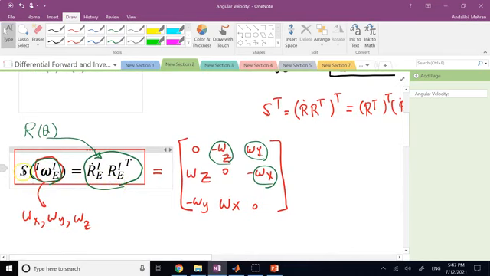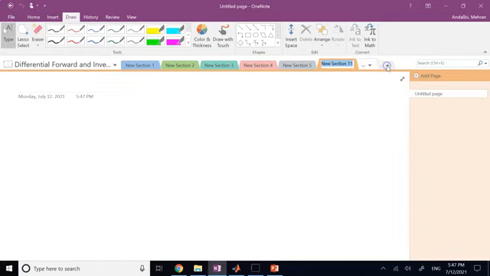So let's apply this formula, R dot R transpose, to some well-known rotation matrix and see whether it can give me anything meaningful. So here, I assume the rotation matrix I have is a rotation about Z by theta, correct?